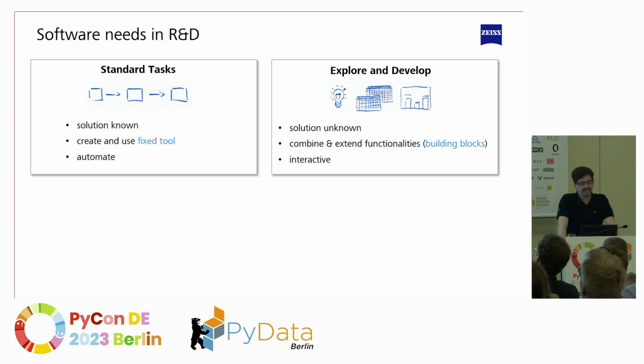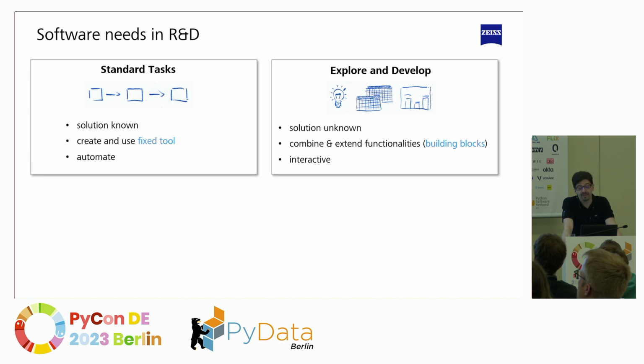On the other hand, in R&D, you have these exploratory topics. When we design a new system, we usually don't know what we have to do at the start. So the solution is unknown, and of course we build from existing knowledge, but we have to do modifications, we have to do additions, and step by step we have to try out solutions.